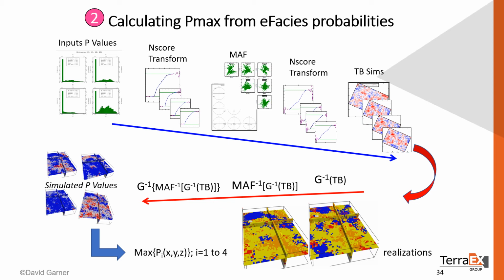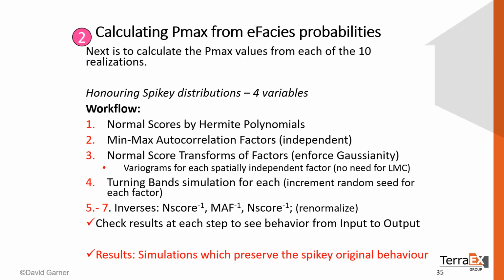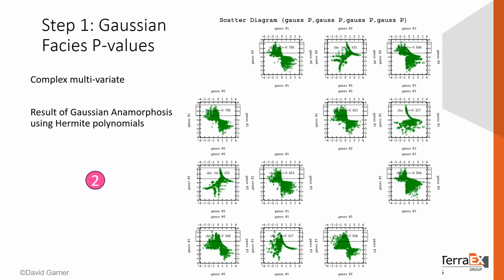So this diagram is talking about how to handle spatial variables that are nonlinear. Multivariate nonlinear. And so here we have, in this example, I think I'm low on time. It takes too long to go through all this.